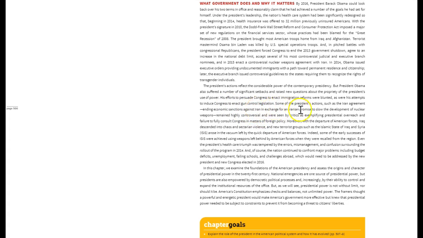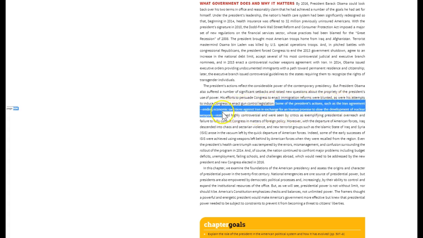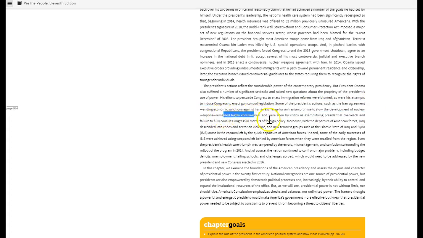I mean, actually, it says that in this agreement, ending economic sanctions against Iran in exchange for Iranian promise to slow development of nuclear weapons. They didn't. I mean, it says that it remained highly controversial, but it doesn't really talk about that.